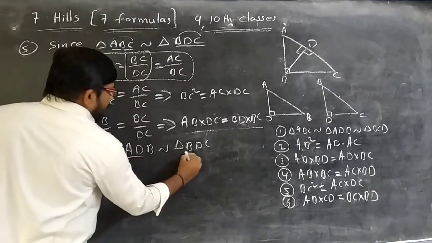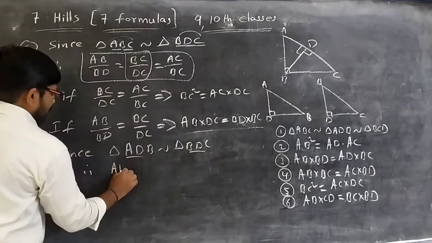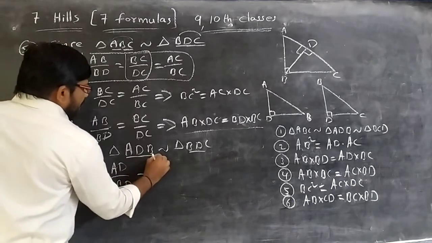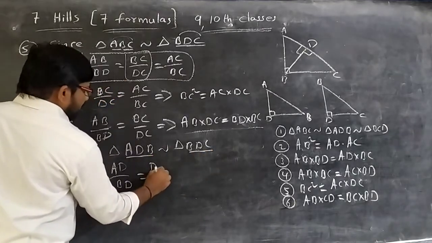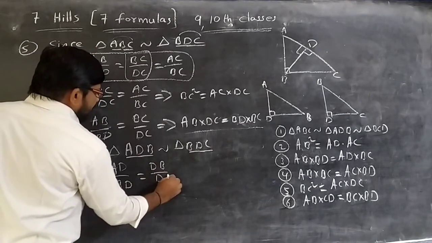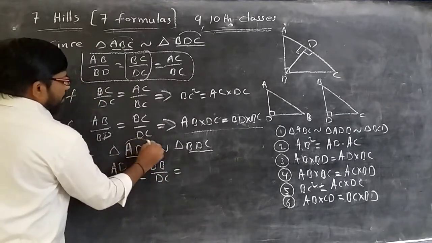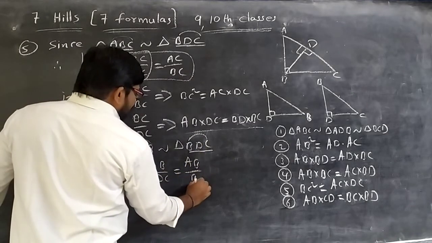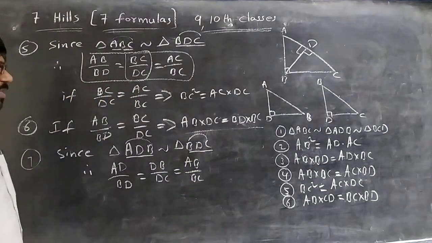So AD by BD is equal to DB by DC is equal to AB by BC.